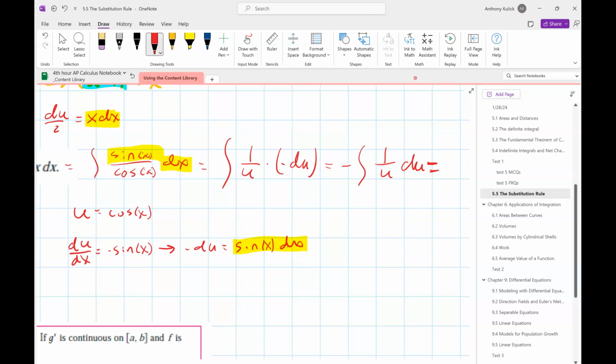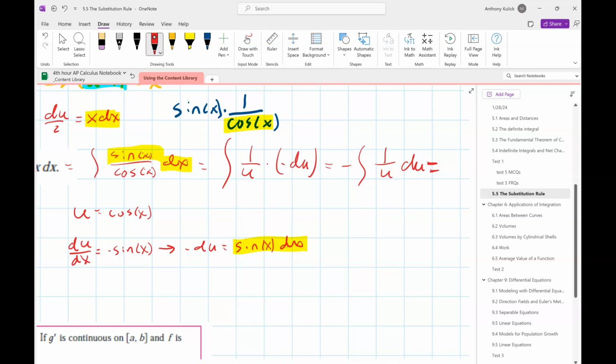Mr. Blue, can I ask a question? What is it, Chanel? Why'd you make the u cosine x? So if I think about sine x over cosine x as sine x times 1 over cosine x, where's the function composition at? Oh. Cosine is plugged into 1 over x. I'm so sorry. That's okay.